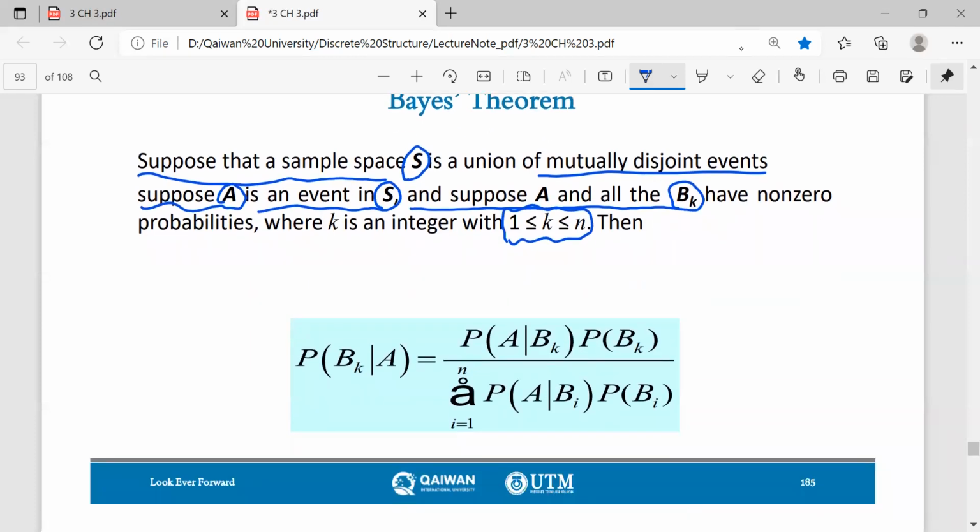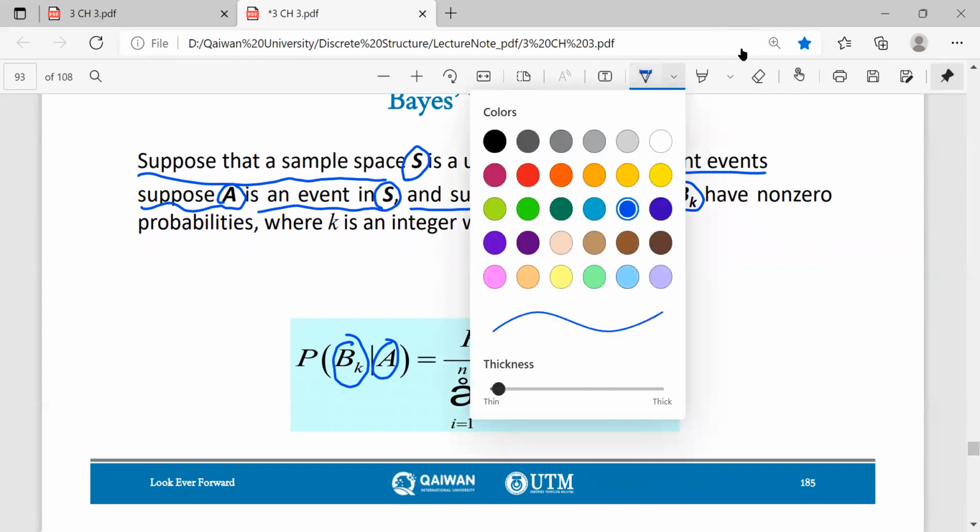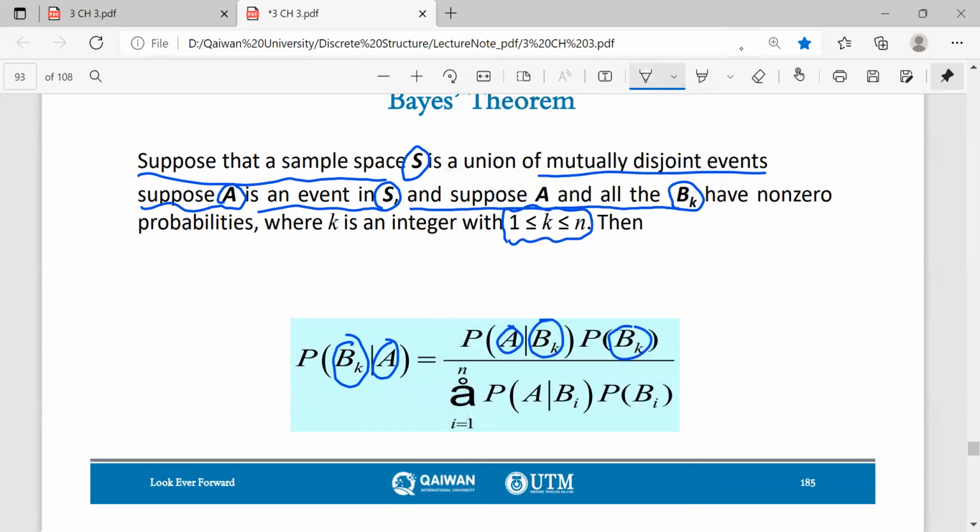Then here we say the probability of B_k given A equals probability of A given B_k times probability of B_k, divided by this summation, the sum from 1 to n.